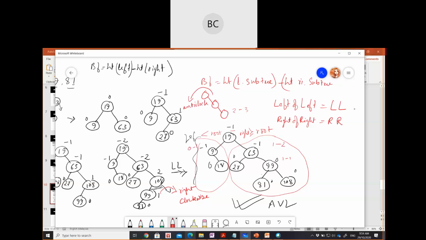Okay, we are doing this on the left side. So in some books, what they do, they just say single left is your LL and single right is RR. That's not the case actually. LL stands for left of left and RR stands for right of right.